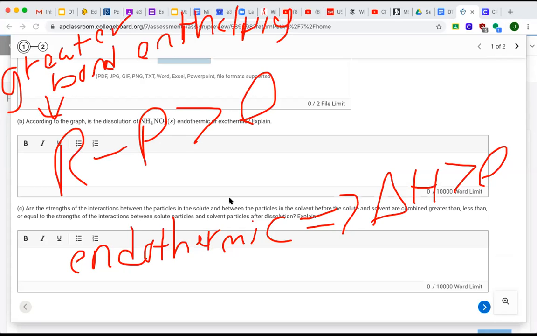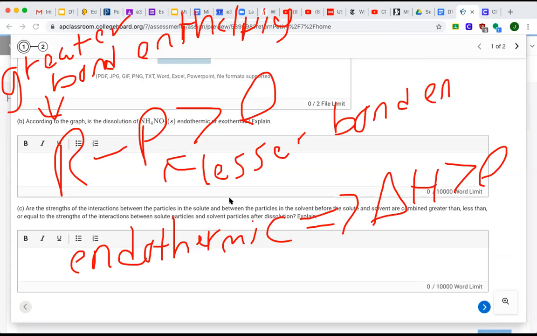And then lesser bond enthalpies. Okay, lesser bond enthalpies. And what that does tell you is that the strengths between or among the particles in the solute and solvent, okay, these are greater before.